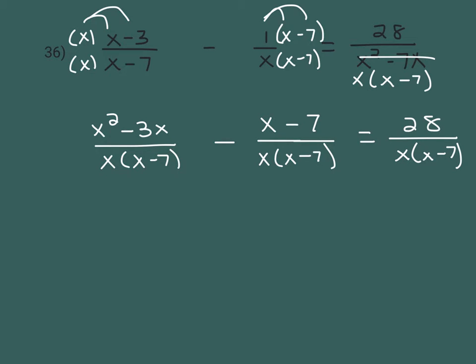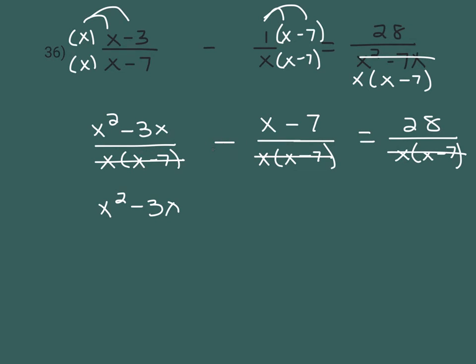Okay, so again, now we're on step 2, cross off the denominators. Since they're all the same, those don't really help us at all to solve our equation. What we need to do is solve the remaining numerators. So I'm going to take this x squared minus 3x and bring it down. Now, be very careful here, okay? See this negative sign, this minus sign in front of the fraction?